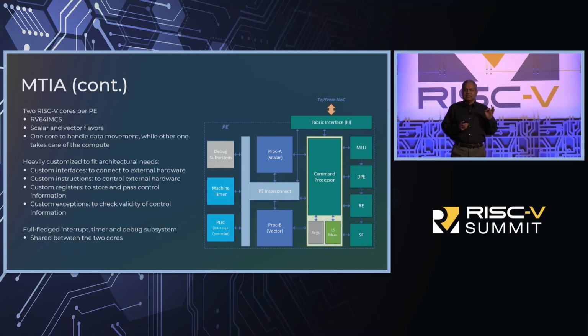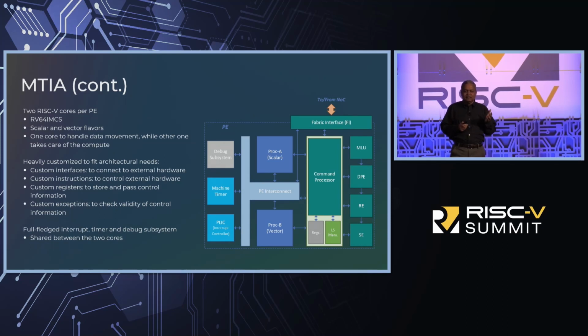Some of the areas that we have addressed in the process of customization are creating custom interfaces to connect to the external hardware. The second one is custom instructions to control external hardware. The third is custom registers to store and pass control information.